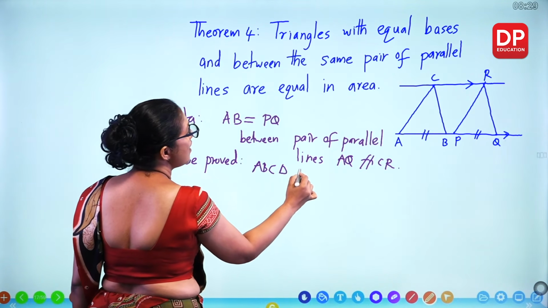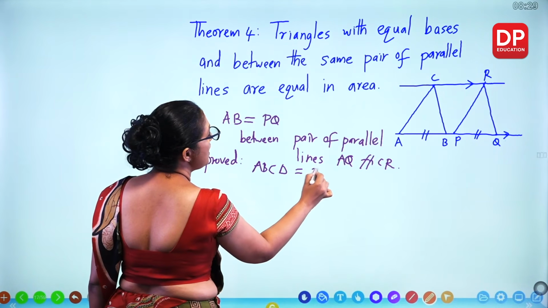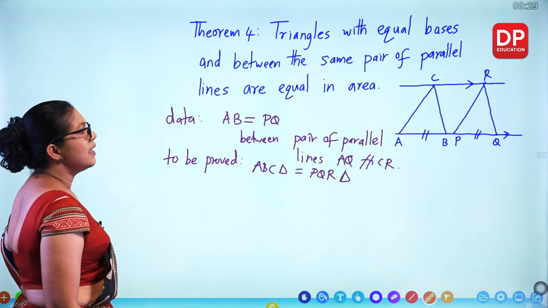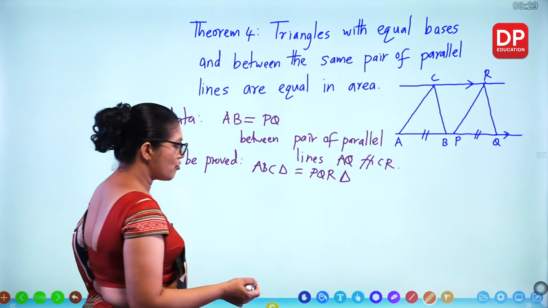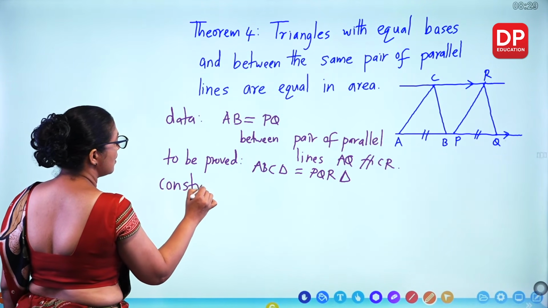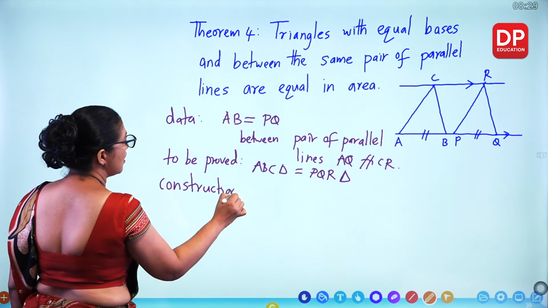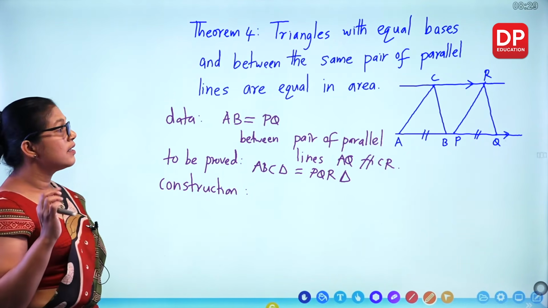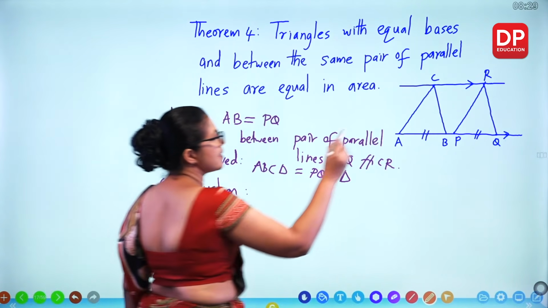ABC area is equal to PQR area. And here also I need to draw a construction. I need to draw the perpendicular height.